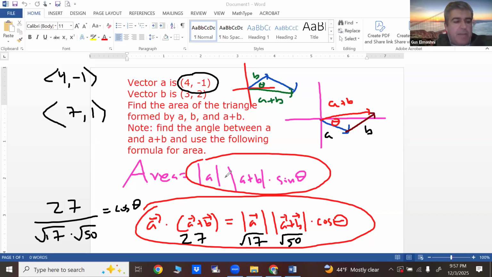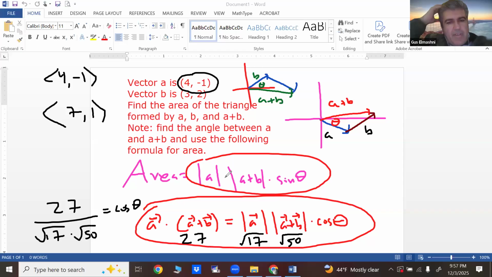So I do 27 divided by root 17 times root 50. That's impossible. Hold on a sec.